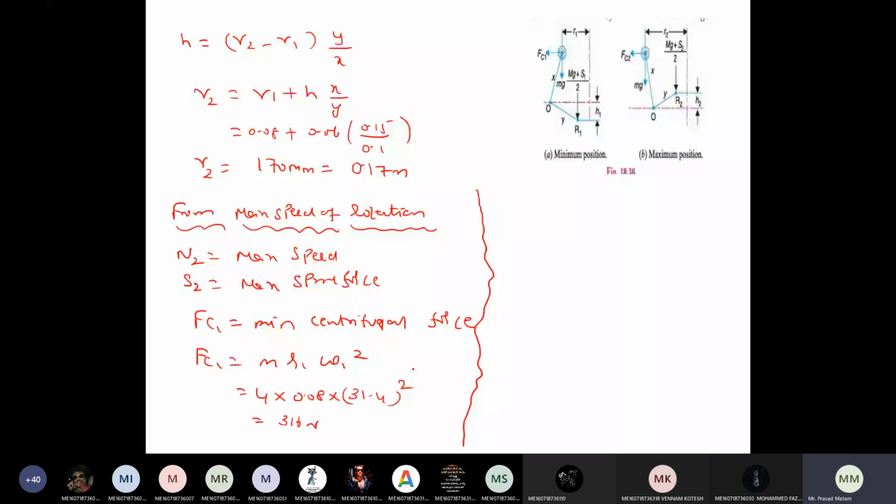Now try to find out the S1 value, stiffness of the spring 1. Sorry, minimum spring force S1. How to find minimum spring force S1? We know the equation.